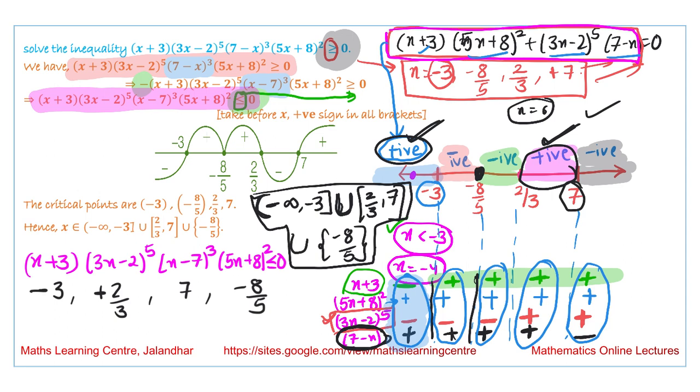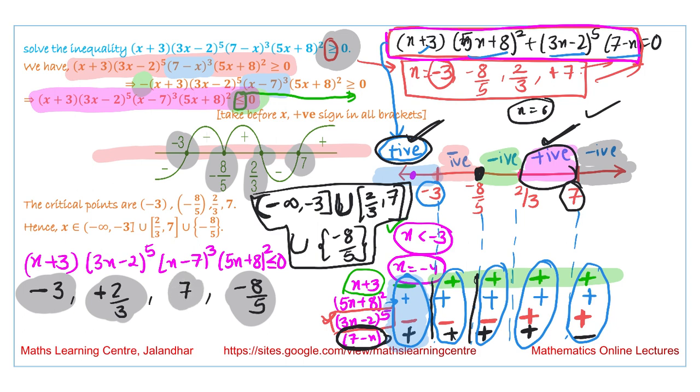Now, what we are going to do is plot the number line over here, and we have marked these points. This is minus 3, minus 8 by 5. These are the points we are marking over here. Next, it is 2 by 3. Next, it is 7. We have marked these points over here.